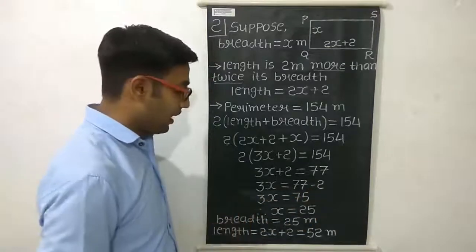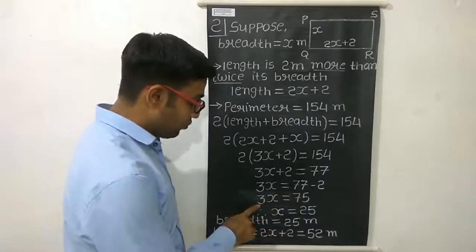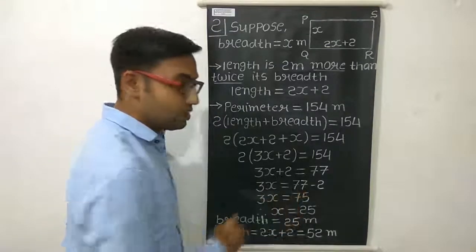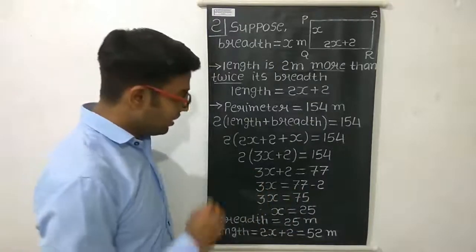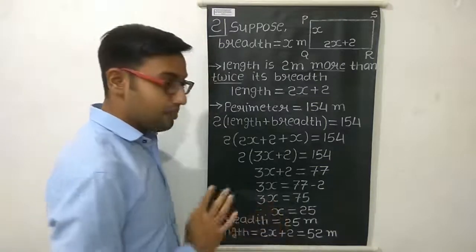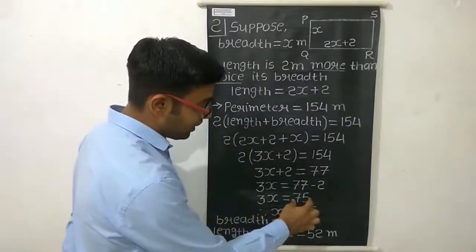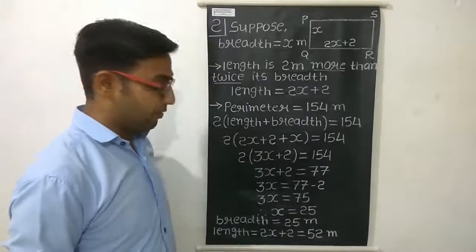Now we want to find the value of x. So we have to divide both sides by 3, because this 3 is multiplying x. By dividing 3x by 3, only x will remain. And on the right hand side, by dividing 75 by 3, we get 25.